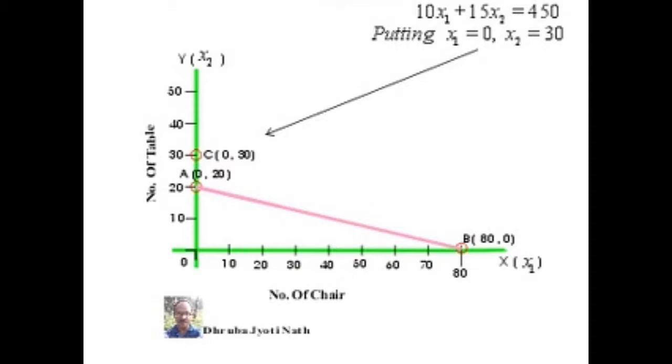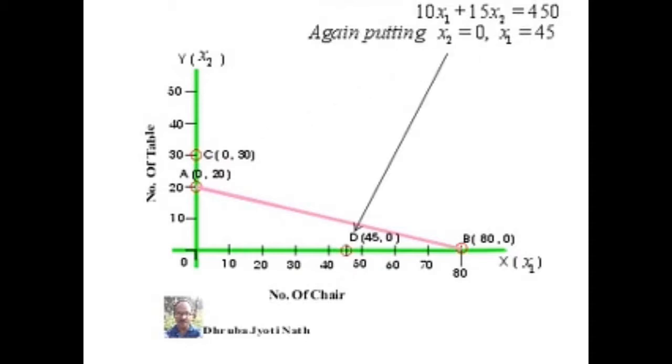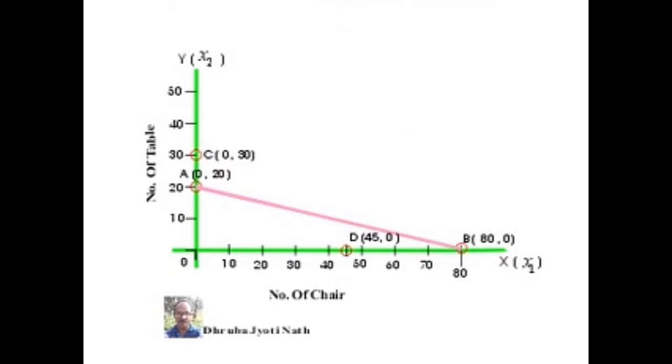Similarly, if we put x2 equal to 0, we get x1 equal to 45, therefore we get the second ordinate D, the points are x1 equal to 45 and x2 equal to 0. Now connecting C and D by scale, we get a straight line CD.